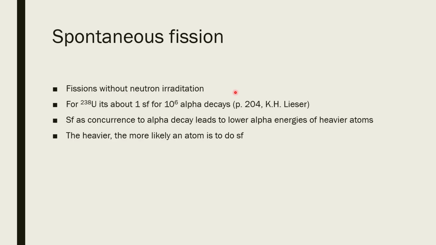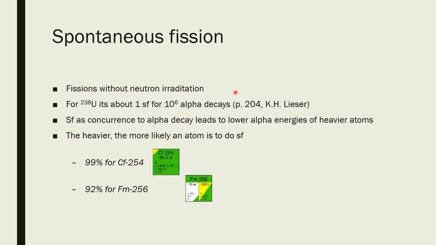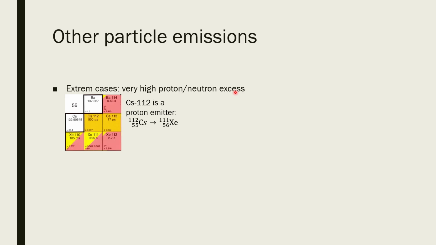The heavier, the more likely an atom is to do spontaneous fission. For example, we have californium-254, which does spontaneous fission 99% of all decays. And fermium-256 does spontaneous fission 92% of the time. There are also some other particle emissions that can occur when we are talking about the very edge of the chart of nuclides, so in the very proton-rich, we have cesium-112, which is a proton emitter.